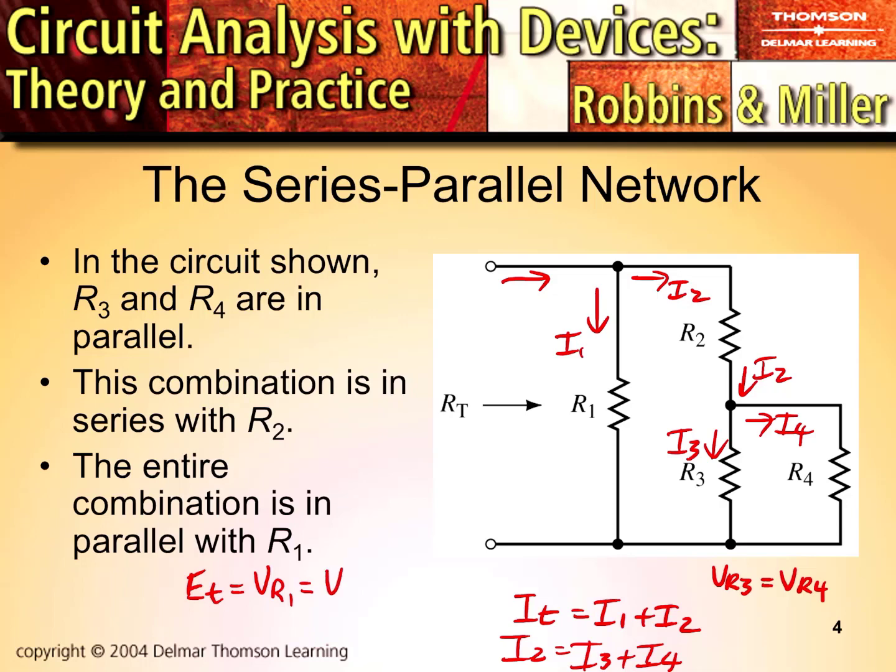So having source voltage, we can say what VR1 is, calculate its current, that would give us I1. We could determine what our individual voltage is of our VR2 and VR3 value based on having the current in that last branch, and knowing from subtraction that that current I2 is going to equal I total minus I1.